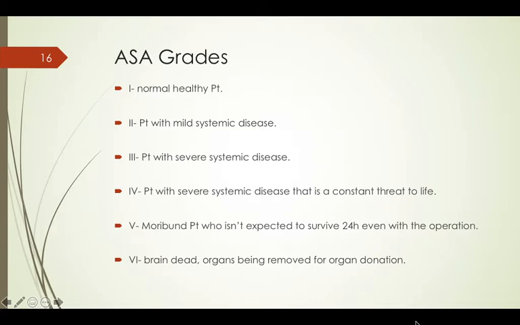So I think what would be quite helpful is to go through how you would define mild systemic disease or severe systemic disease. So it's quite good to know a couple of examples under some of the grades.